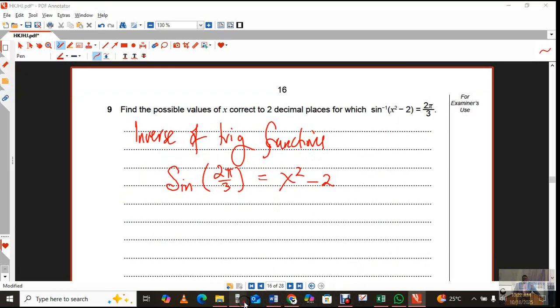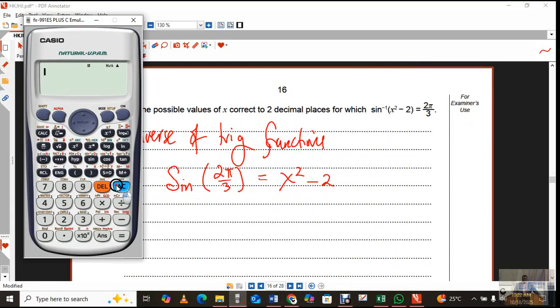Right. So we can actually calculate this using our calculator, but since the angle is in radians, if you don't know the special angle, then I suggest you change from degree to radian mode, and then this is the sine of 2 pi over 3. What is that value?